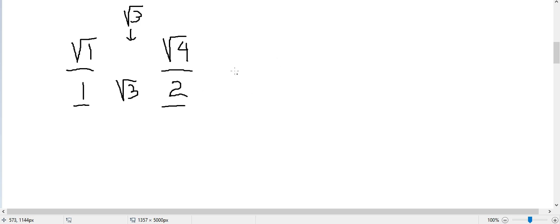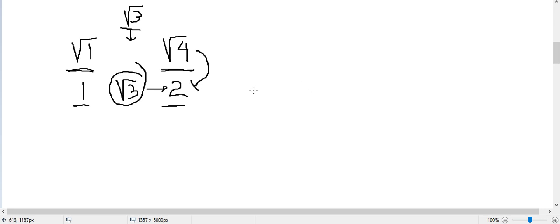Since square root of 3 is closer to square root of 4 than to square root of 1, square root of 3 is closer to 2. That is the square root of 4.